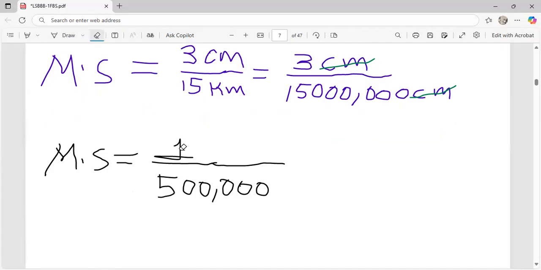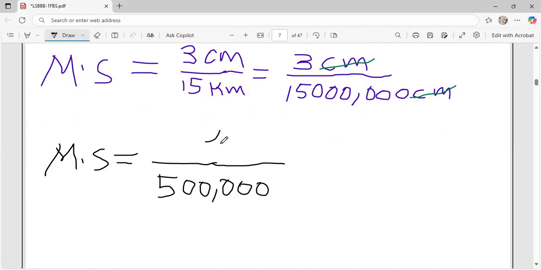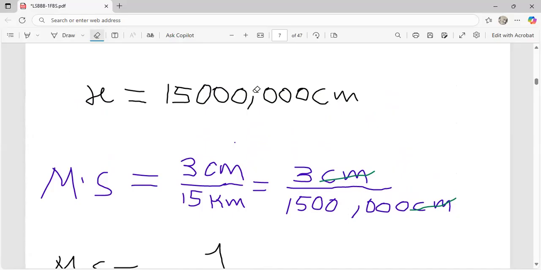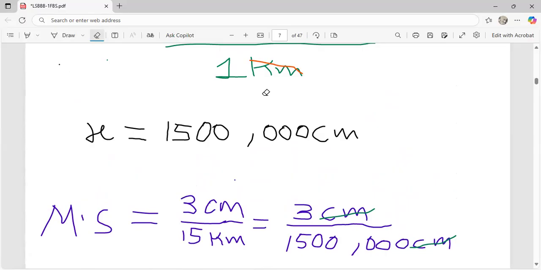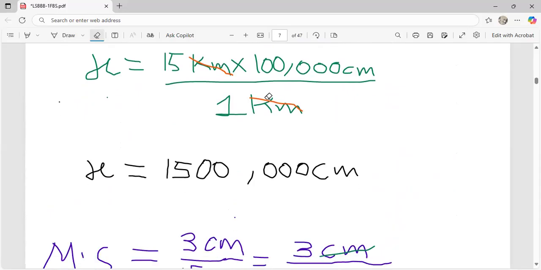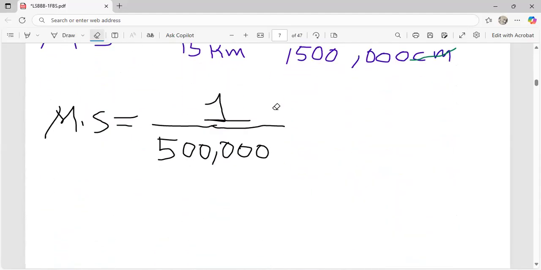1 over 500,000. And that is going to be the value of our scale.